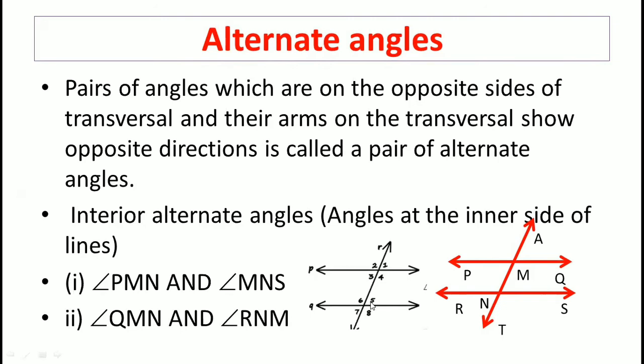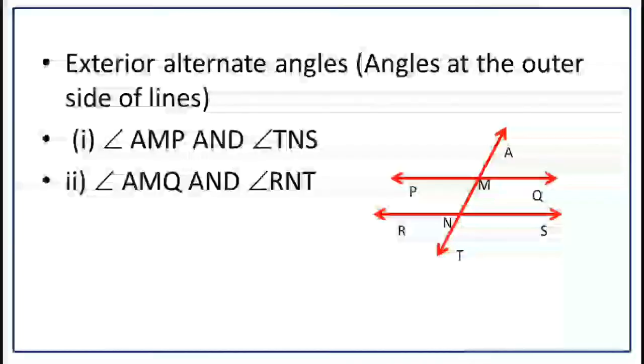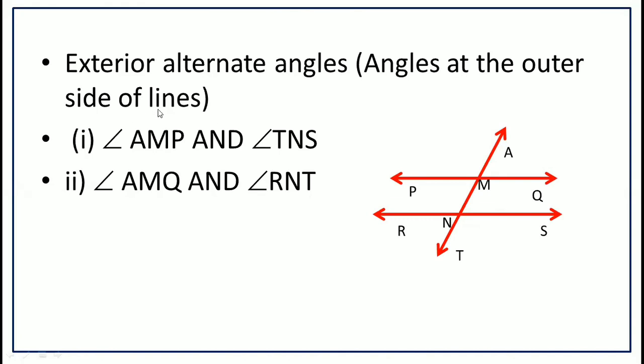Then you learn the alternate exterior angles, that means angles at the outer side of the lines. Then you say AMP, this angle, and NTS, that is this angle.